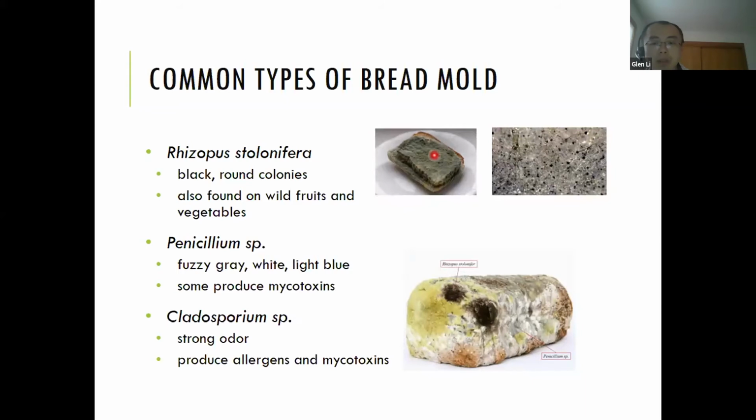A question about how large the slice of bread has to be. It doesn't really matter as long as the bread can still maintain integrity after mold growth. What we don't want is for the bread to fall into pieces or turn into crumbs after mold growth.